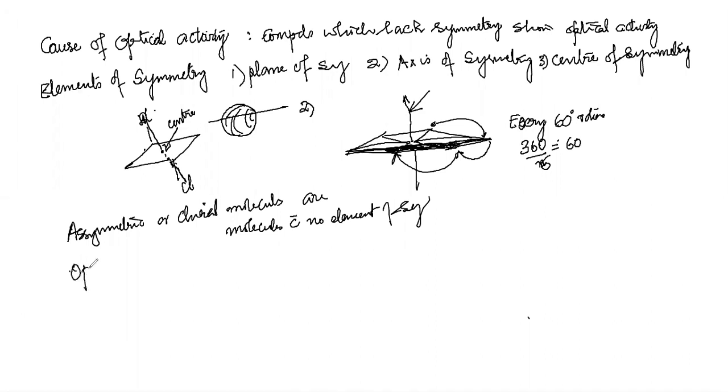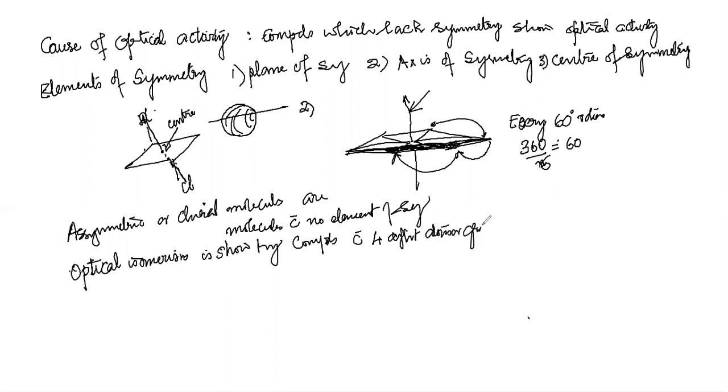Optical isomerism is shown by compounds with an asymmetric carbon, that is, a carbon containing 4 different atoms or groups.